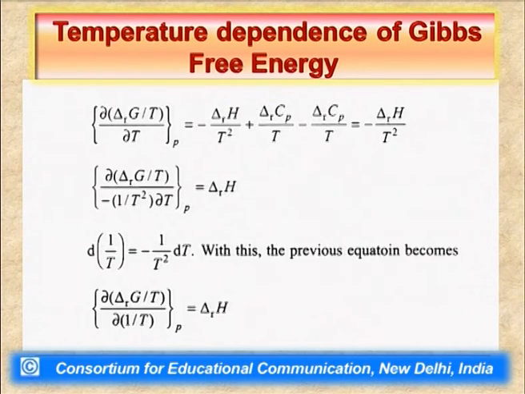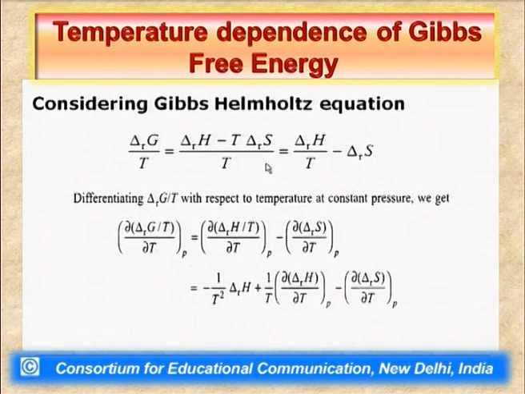Now, having said this, let us once again consider this Gibbs-Helmholtz equation. You see, it is a different thing now. Delta R G equal to what? Equal to delta R H minus T delta R S. So, delta R G by T equal to delta R H minus T delta R S by T, which we can open, and what we get is delta R H by T as the first term minus delta R S, as T cancels in both numerator and denominator.